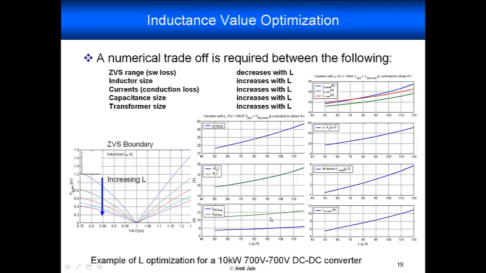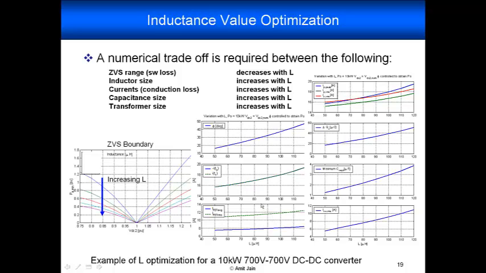So we saw that there are considerations to choosing the value of L. Reducing L will typically reduce conduction loss in the converter, but increasing L will result in reducing switching loss, particularly at low loads with wide variation in the input and/or output voltage.